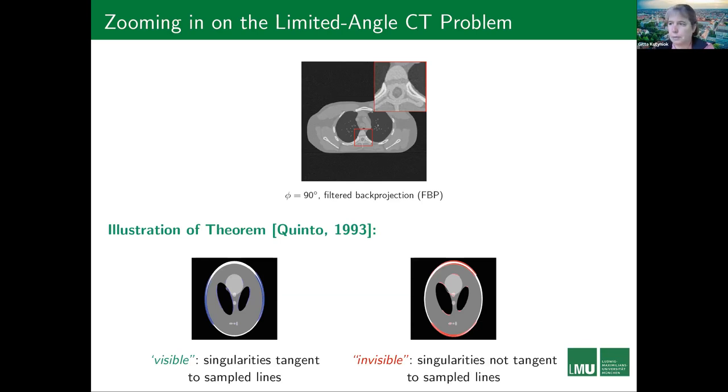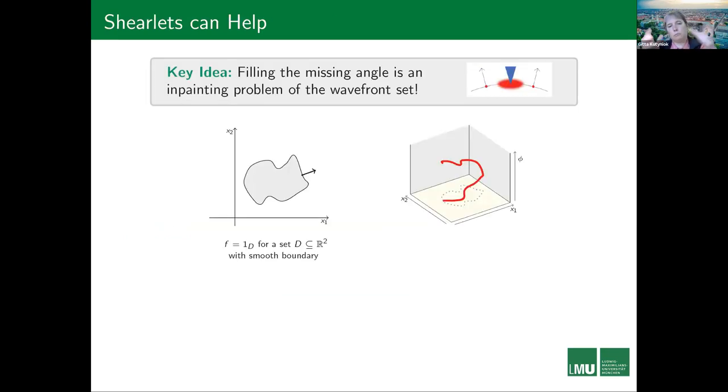And you can make this mathematically very precise. You can phrase this, as I said, in terms of the wavefront set. So what is a wavefront set? Without going into the technical details, the intuition is these are points on the discontinuity curve, on the singularity, each time with their direction. So the wavefront set is a point on the curve with its direction.